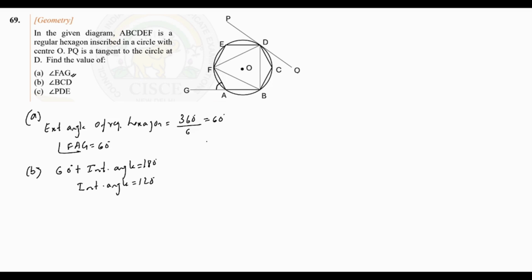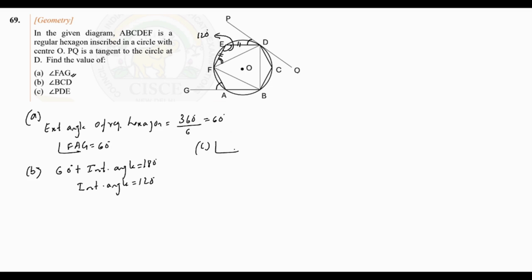So now third question, if you observe carefully, PDE. So this is the angle in the alternate segment. If I use the alternate segment theorem, this angle would be equal to this angle. So this angle is already known to you, that is each interior angle of a regular hexagon, that is 120 degrees. Since it is a regular hexagon, this side is equal to this side.